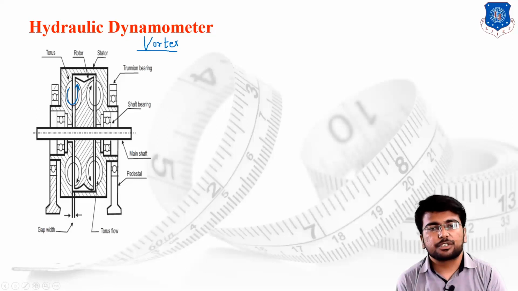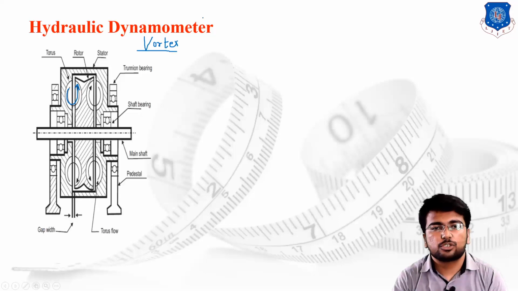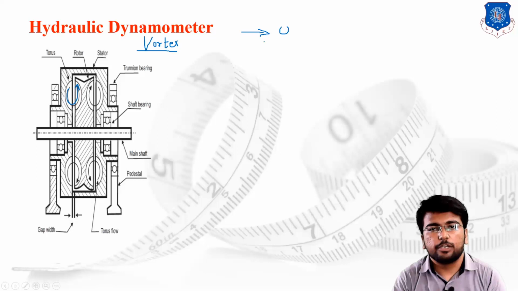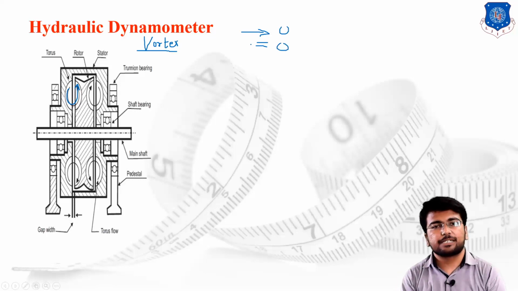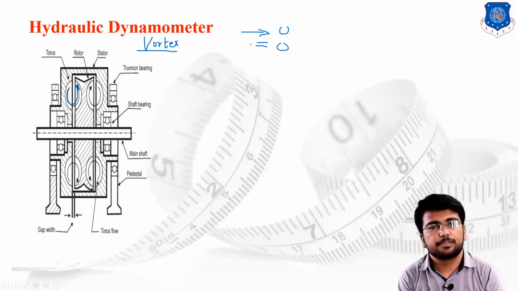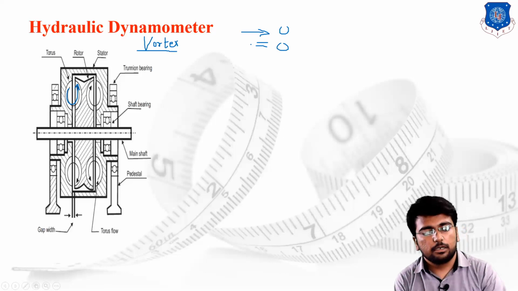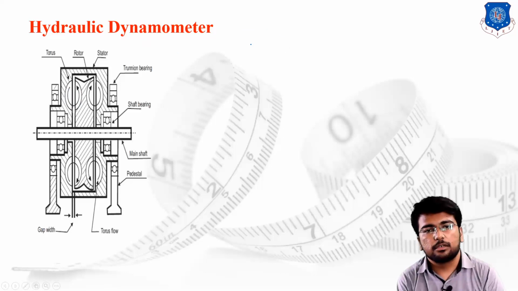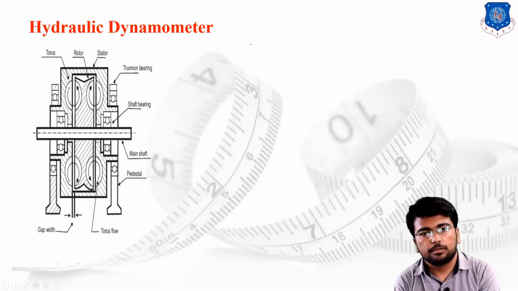This friction is known as vortex friction, and because of this vortex friction, the shaft loses its speed and tends to move to 0. Once it achieves 0, we simply calculate the vortex friction, and by checking the distance at which the friction has been generated, we calculate the power generated at the main shaft setup.